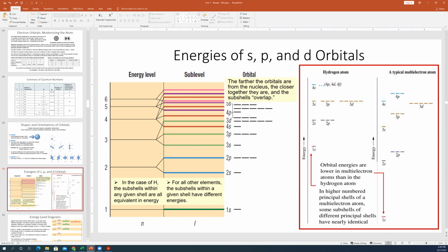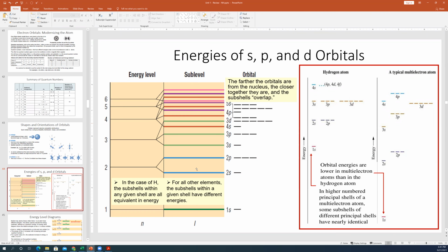So in the case of hydrogen, as you can see, at n is equal to 1, n is equal to 2, n is equal to 3, all of these subshells would be at the same energy level.